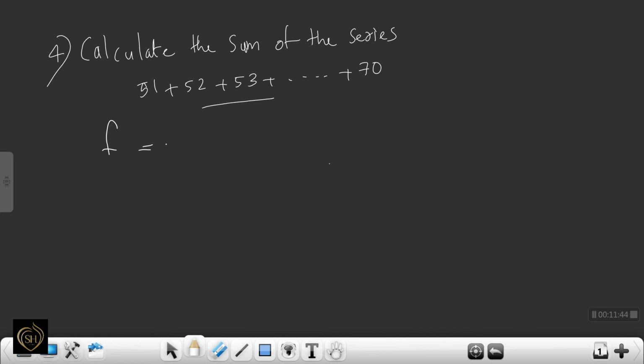Here the first term x1 or f is equal to 51 and the last term xn is equal to 70.